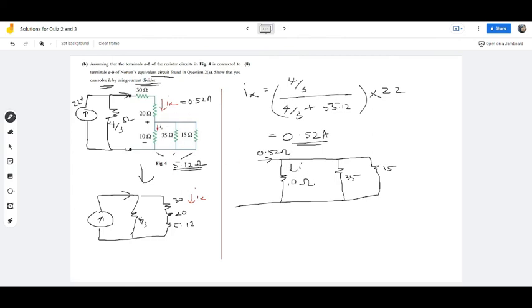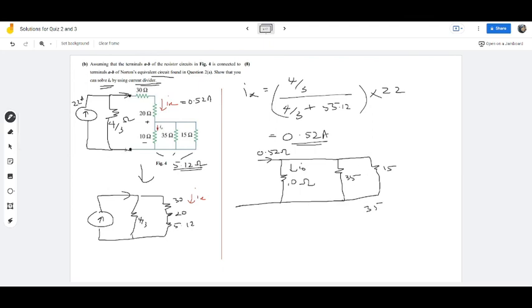My I naught is here. You can only use current divider when there are only two resistors connected in parallel. So now you have three. What do you have to do? You group this bit. In fact, all three are connected in parallel, but we just want to reduce one more set to one resistor. So you just add those two, which are connected in parallel.